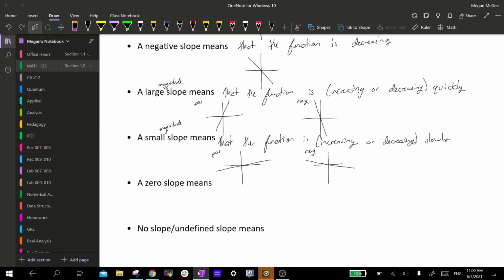Okay, a zero slope means that the function is not changing. So that means it is not increasing or decreasing.